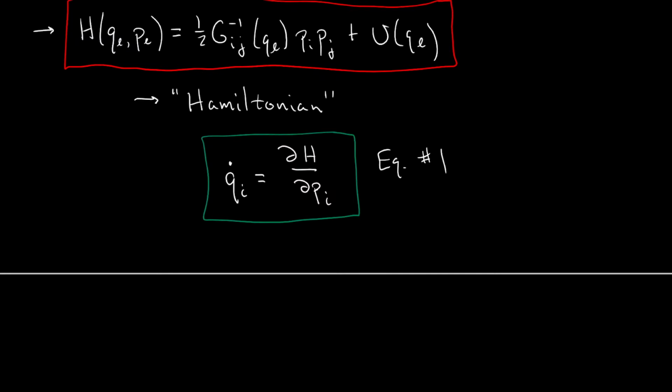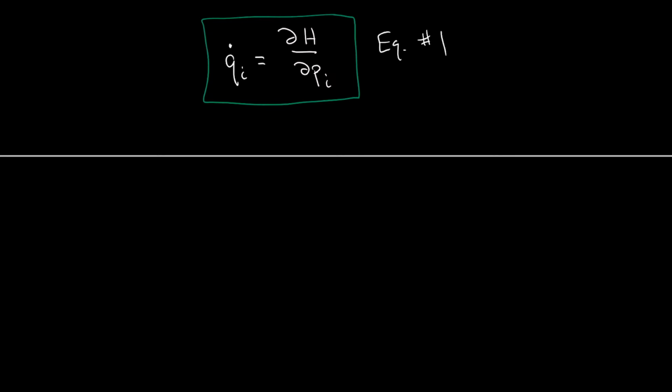Now, okay, the second equation is going to be a little bit trickier to find. And we might be tempted. So we know, looking back, that F_i is equal to dp_i/dt, whoop, and this is minus dU/dx^i. Right?